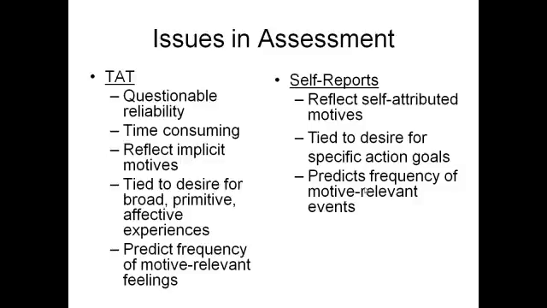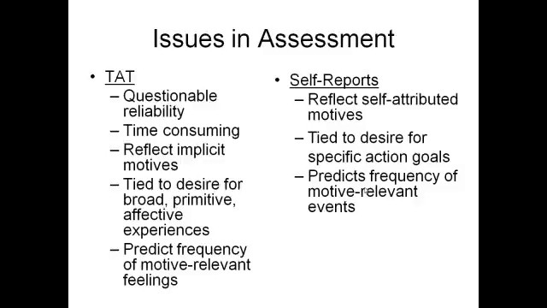And again, those implicit motives, the only way to be able to do that would be in that indirect way. On the other hand, if we want self-attributed motives, if we want to know what people believe they think, or what they're consciously thinking about, then we give self-report measures. So let's talk about the TAT, or the picture story exercise.